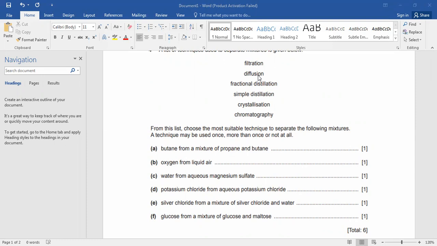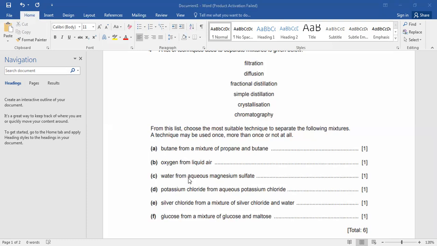We have to use diffusion. Oxygen from liquid air. So here they confuse us. Liquid air, but in liquid air, oxygen also is a liquid, right? So it is not diffusion. You have to use fractional distillation, okay?